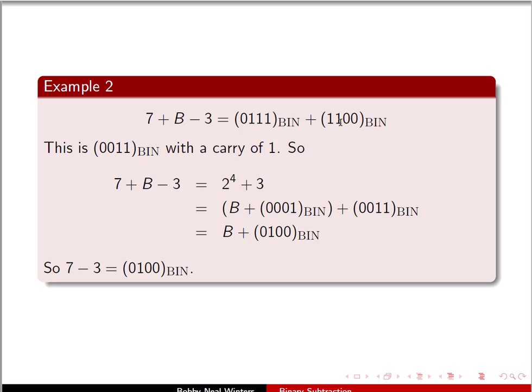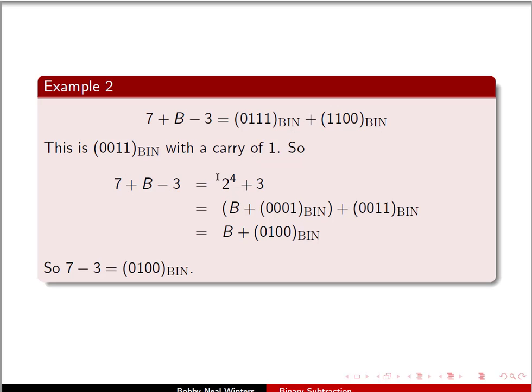The ones complement of 3 is 1, 1, 0, 0. When we add these together on a 4-bit register, we get 0, 0, 1, 1 with a carry of 1, because it busts us out of that 4-bit structure.